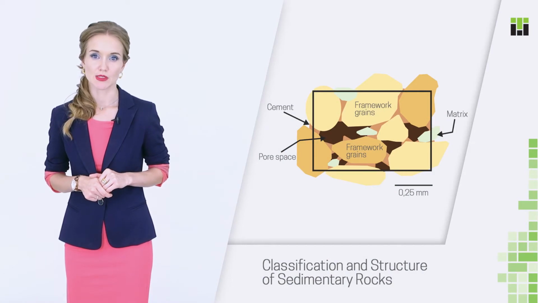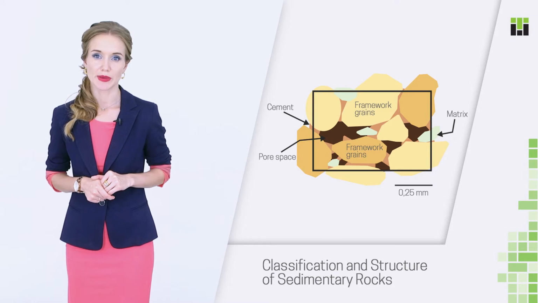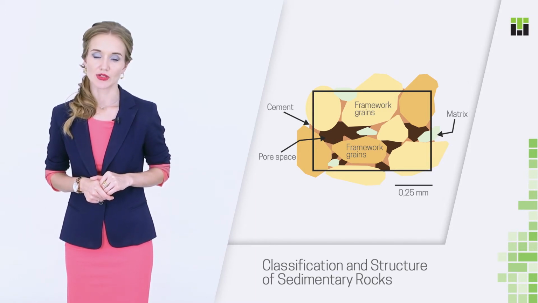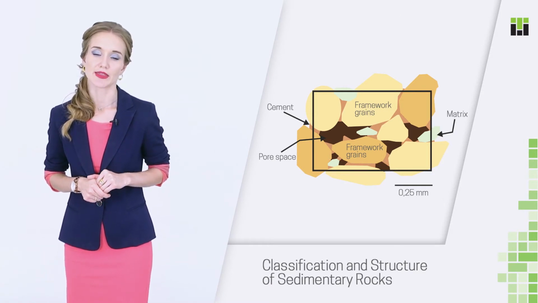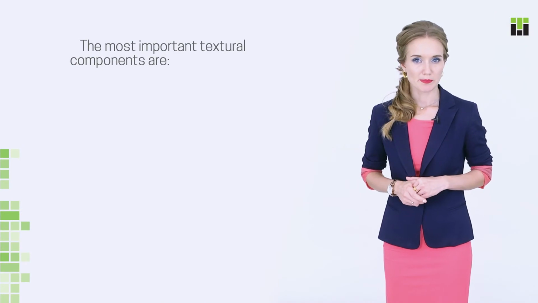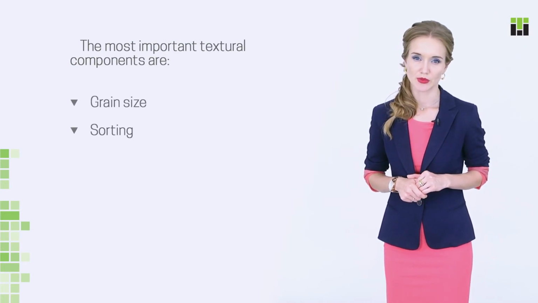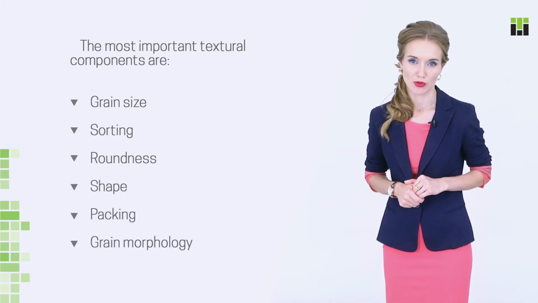Pore space is void space between framework grains, the very space that contains hydrocarbons. Thus, the larger the pore space, the more hydrocarbons may be accumulated in this rock. The most important textural components are grain size, sorting, roundness, shape, packing, and grain morphology.